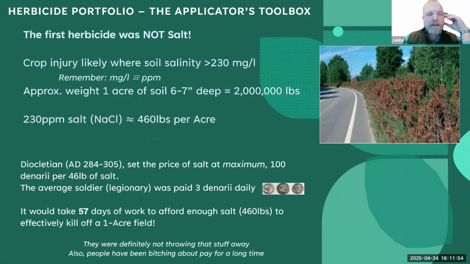Interestingly enough, it was the Roman Emperor Diocletian who set the price of salt at a maximum of 100 denarii per 46 pounds. It's interesting to note that the average soldier at the time was paid 3 denarii daily. So if you do the math, it would take 57 days of work for one guy to afford enough salt to effectively kill off half an acre.